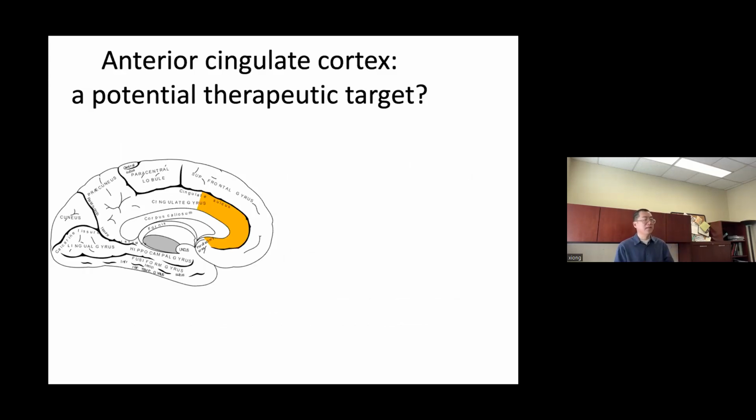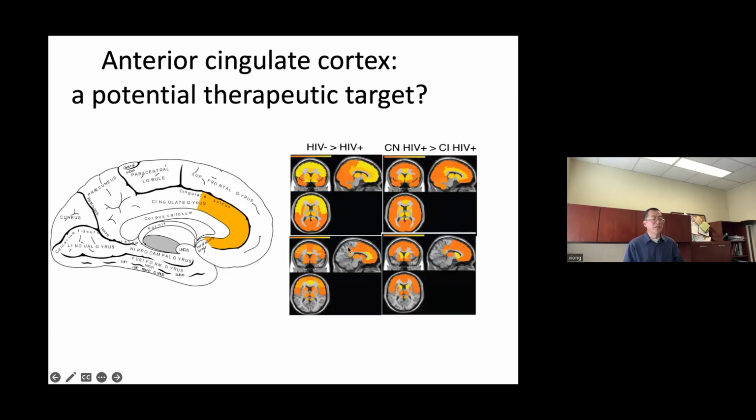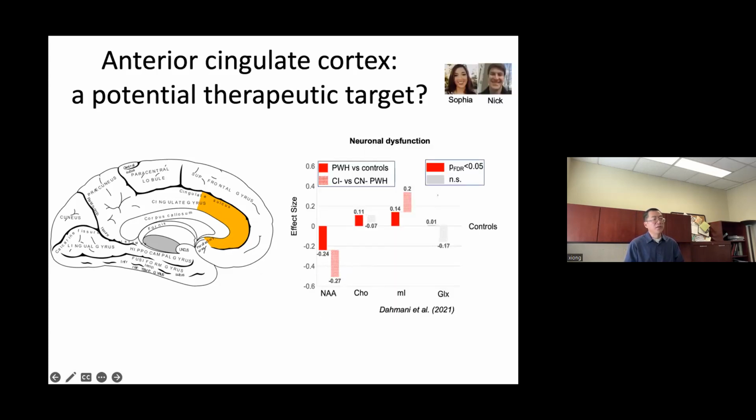So we focus on the ACC, the anterior cingulate cortex, mainly because we find that injury to the ACC is highly prevalent in people with HIV disease. Also, in another study with two undergrad students, we found that in the ACC area, the contributing factor to HAND seems to be one of the markers, NAA.